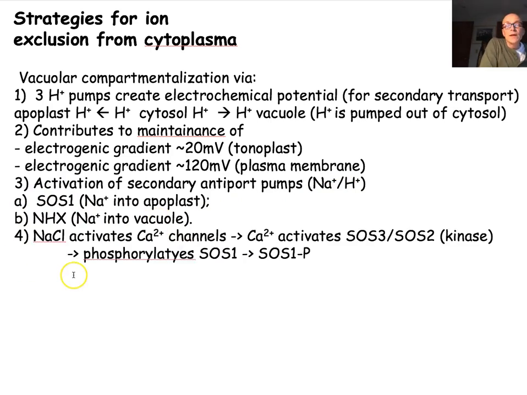And I showed you the pathway by which sodium activates the calcium channel, which then activates the SOS3, SOS2 kinases, and the phosphorylation of SOS1, which then becomes active. So those are the 4 major strategies that the plant uses cellularly to combat salt stress.